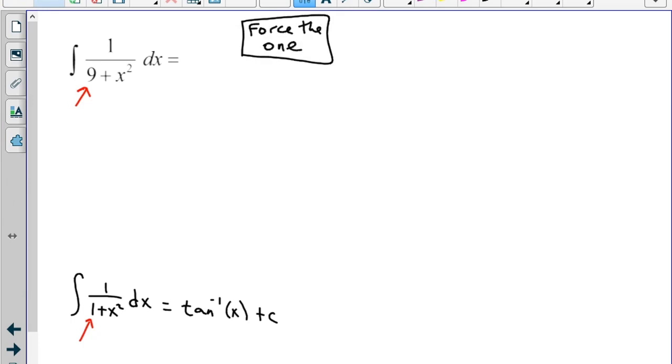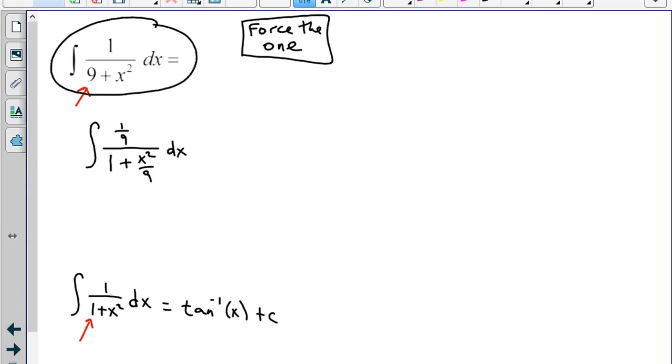Essentially you're going to want to force this number, this 9, to be a 1. So let's make this the integral of 1/9 over 1, because 9 divided by 9 is 1, plus x squared over 9 dx. So basically what I did was I took this problem and I divided both the numerator and denominator by 9.